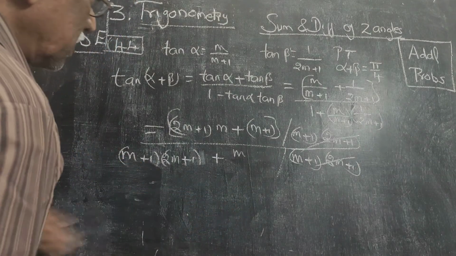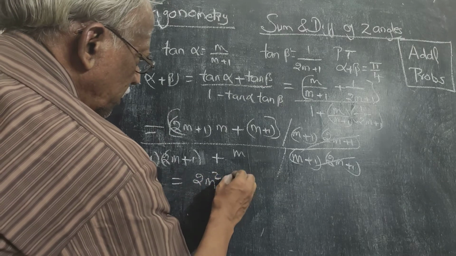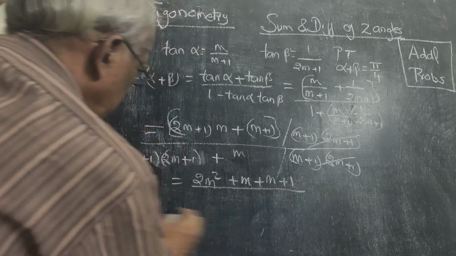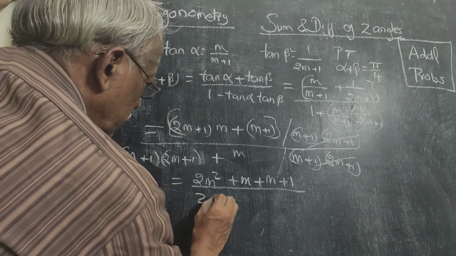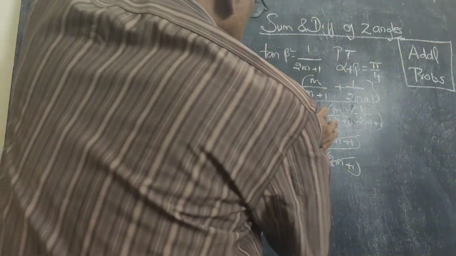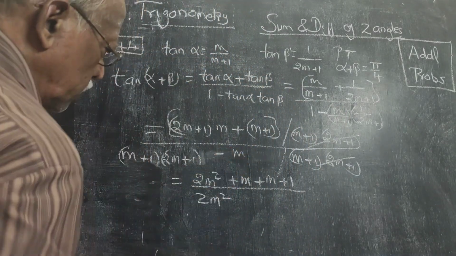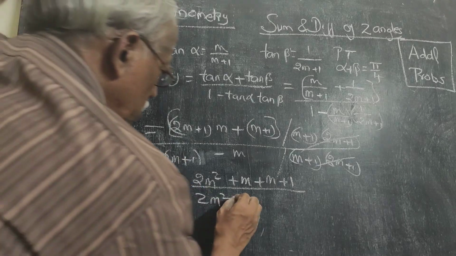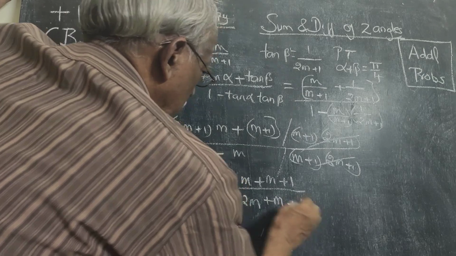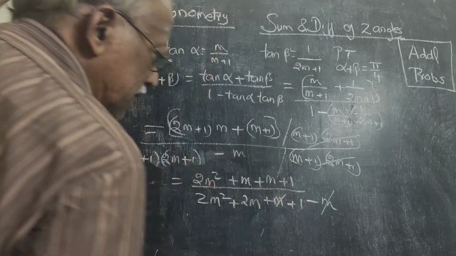Now let us simplify this part. 2m into m. So there will be 2m square plus m plus 1. Denominator again you have 2m into m. I am sorry, I had made a mistake. Here I had put a plus. So here it is minus. So this part will be minus. 2m into m, 2m square, 2m into 1. So 2m plus m plus 1, and this minus m is there. I can cancel one minus m.